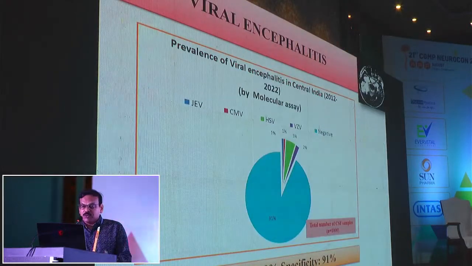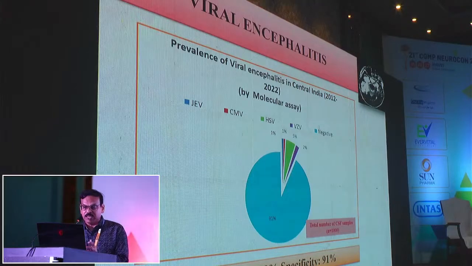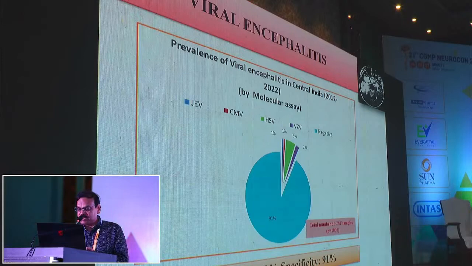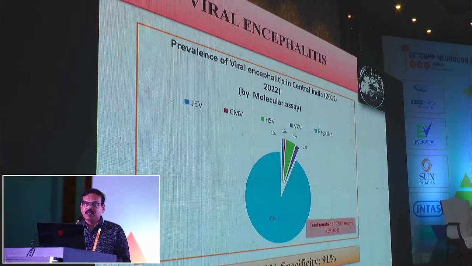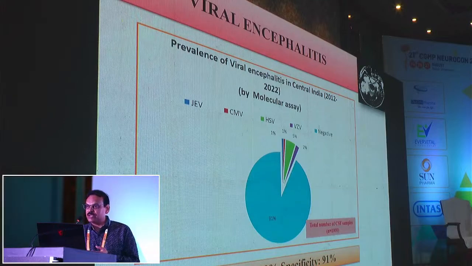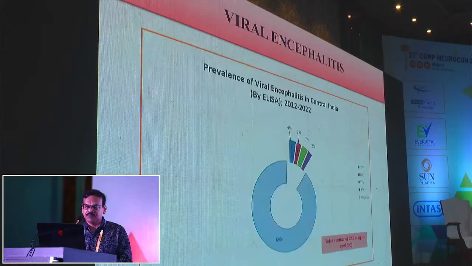We looked at around 1,000 cases of viral meningitis. 91% of patients did not show any activity, which may suggest that probably we are missing these cases, or that those patients we diagnosed as viral could be some other form of encephalitis or meningitis.